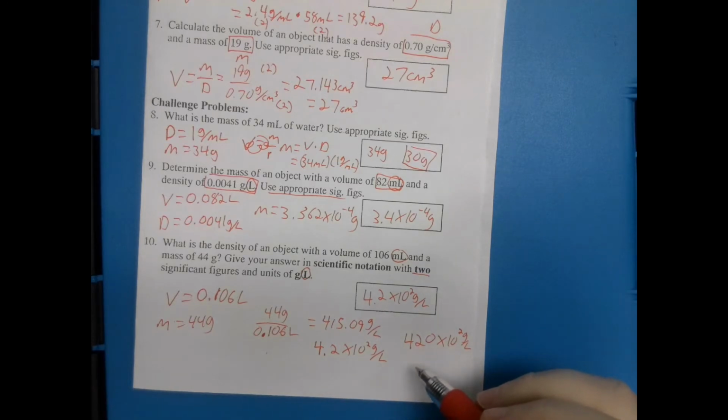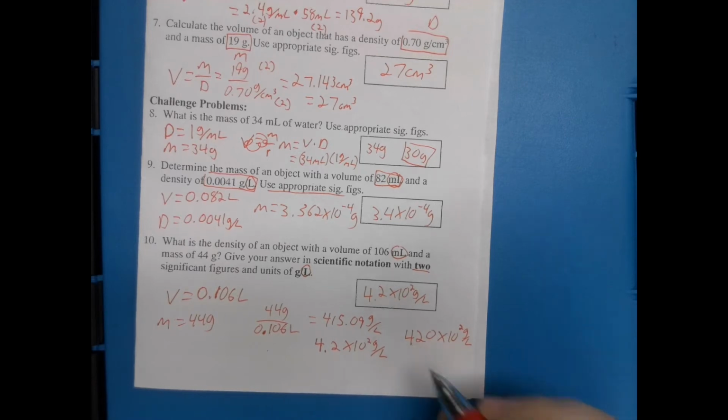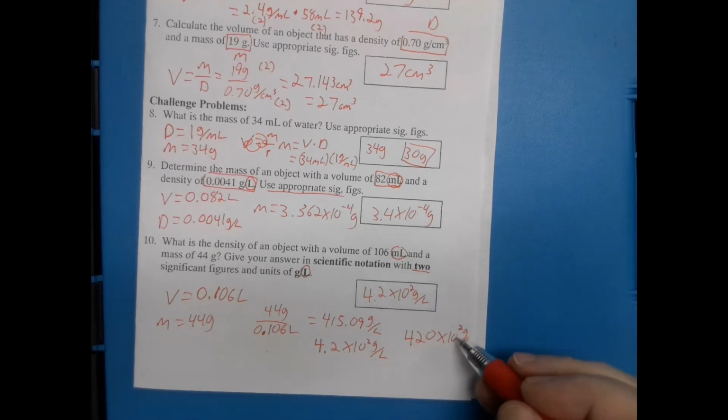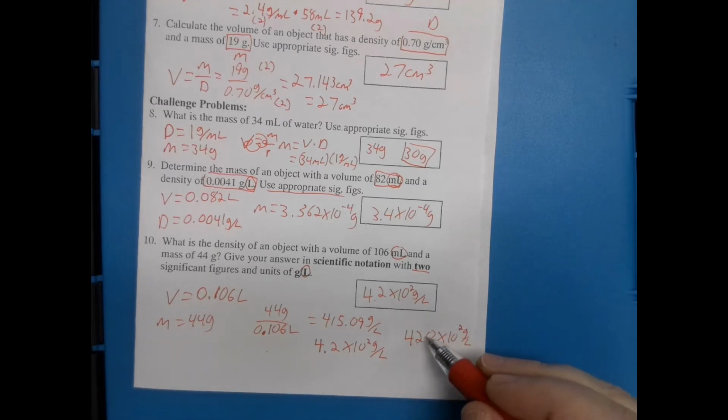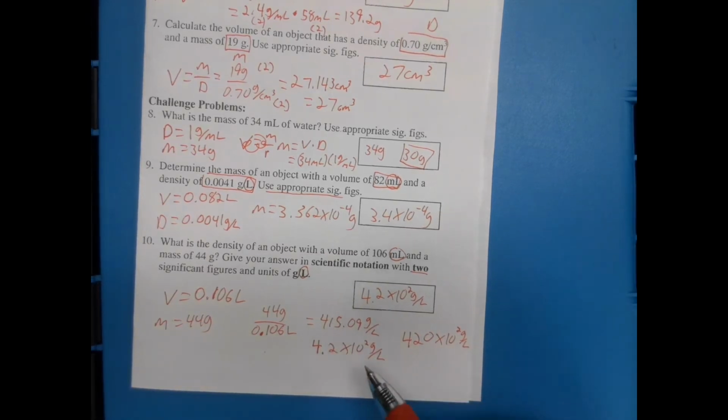So again, if I catch you copying, it's going to be an automatic 0 on the whole thing. There is no reason for every single person to leave off this period. It made no sense, because 10 to the squared is 100, so 420 times 100 is not anywhere near 415.